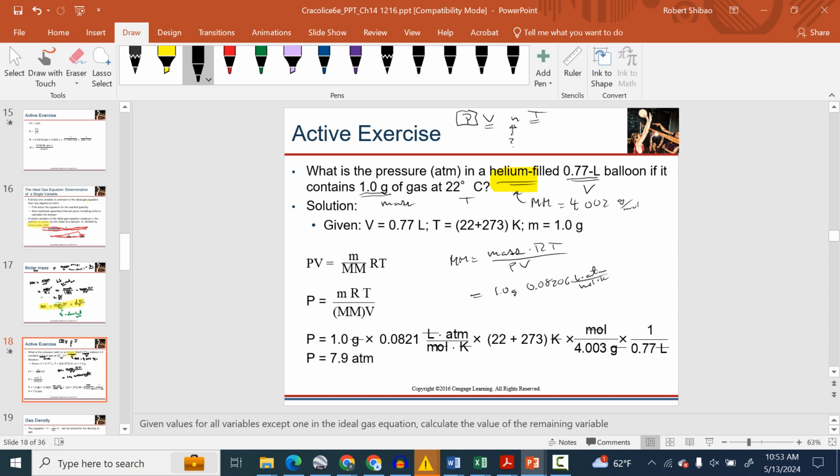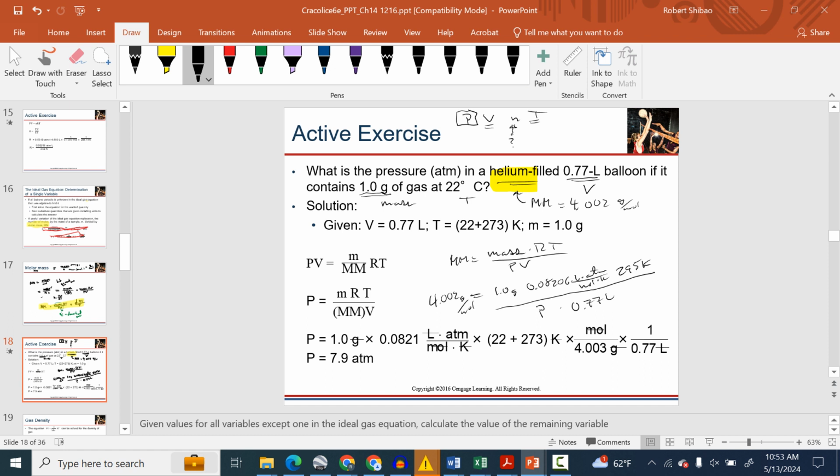T is the temperature in Kelvin, 273 plus 22 is 295 Kelvin. Divided by P, which we're solving for, that's our unknown, divided by V, 0.77 liters. And the molar mass is 4.002 grams per mole.